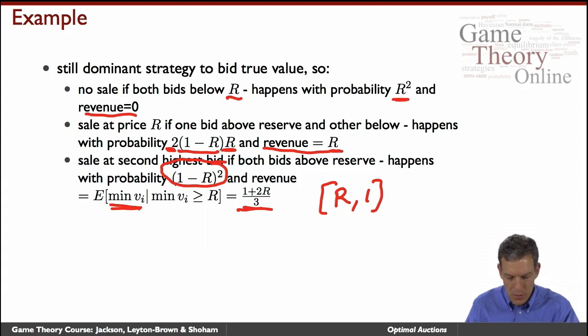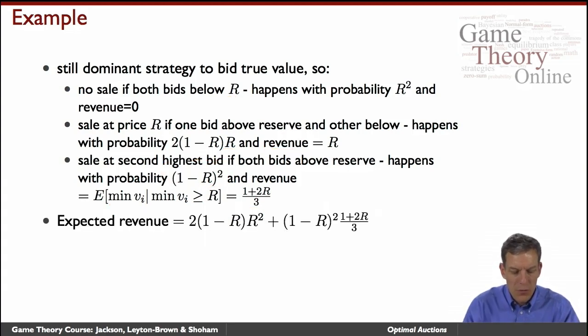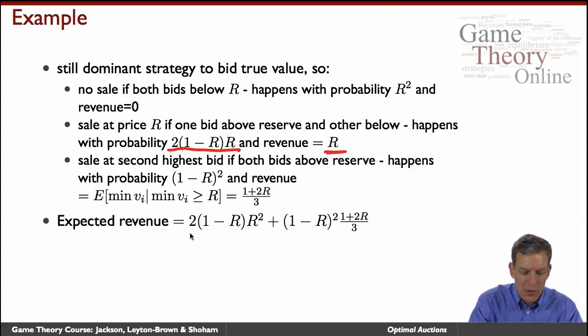Okay, so when we look at these, then we do the overall expected revenue. What do we get? We've got this probability that we're going to get a revenue of R. So multiply those out. We get 2R squared, 1 minus R here. And then we've got this probability that both people are above, and then we have this expected revenue.